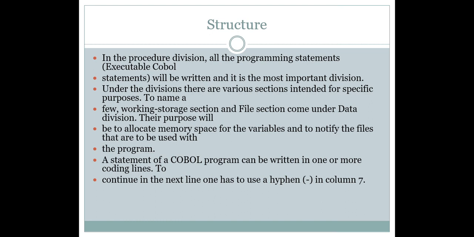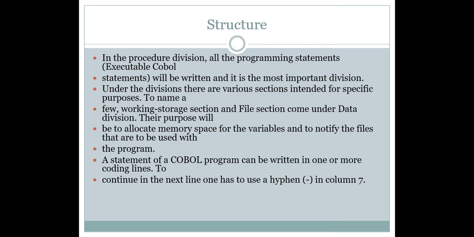Next, a COBOL program can be written in one or more coding lines. You can have any number of statements, and each statement could be included in a single line or in more than one line.